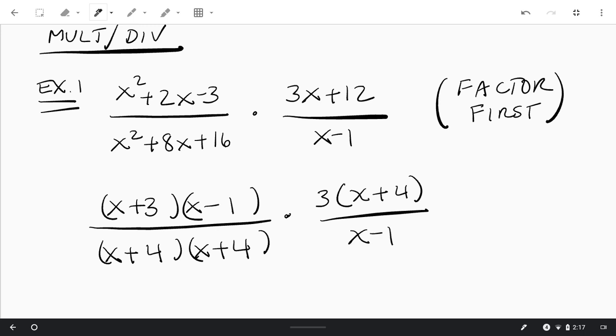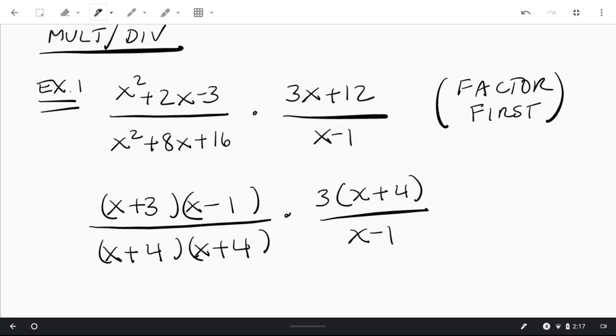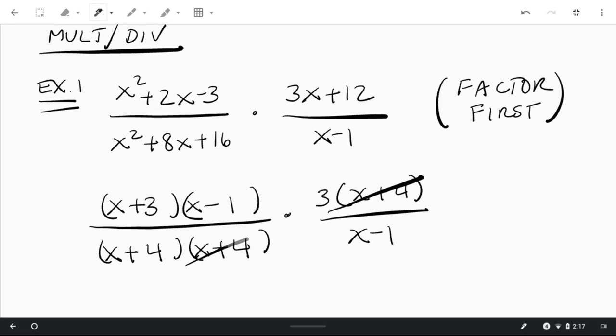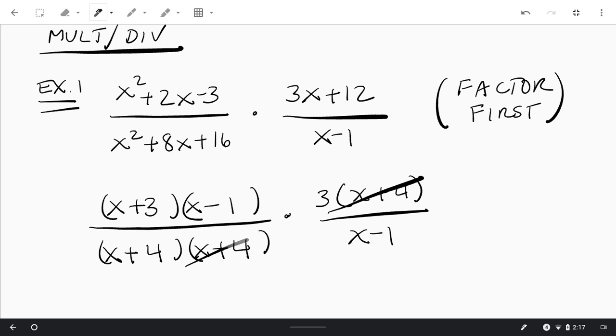Okay, so once you go through the process of factoring everything first, like we just did, then you can go ahead and start canceling. So what can we cancel here? X plus 4 with x plus 4, one of these. It doesn't matter which one, but it only cancels out with 1. Okay, and then the x minus 1 with the x minus 1.